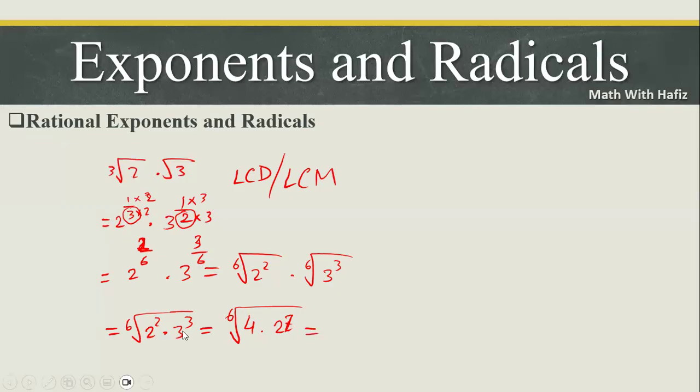And then you will multiply 4 with 27. It will be a big number. 7 multiplied by 4 will be 28, and 108.